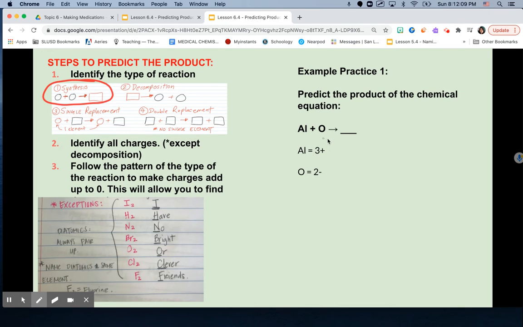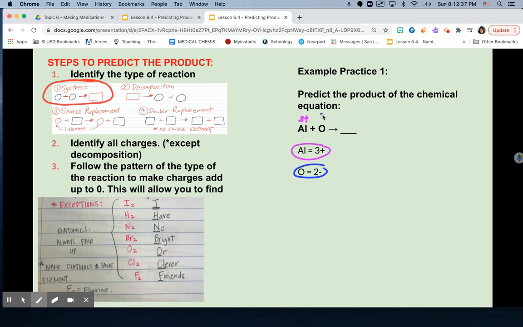Right? So in this case, I need to identify all of the charges. So I gave you the charges already. You don't even need to look them up. Let's color code them. So Al is 3 plus. So let's label 3 plus for Al. And O is going to be 2 minus.